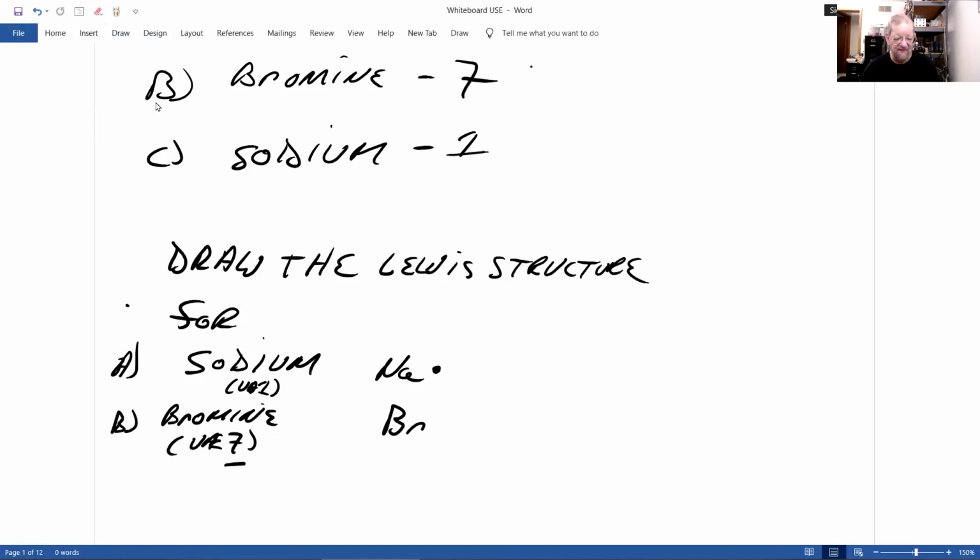And it has 7 valence electrons. So you put 1 on each side before doubling up. And for bromine, 3 sides have 2 dots and 1 side has 1. Doesn't matter which, but that's how you would do it.